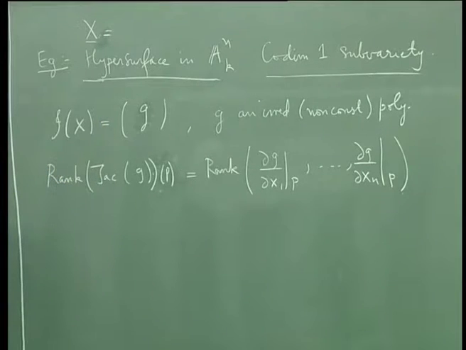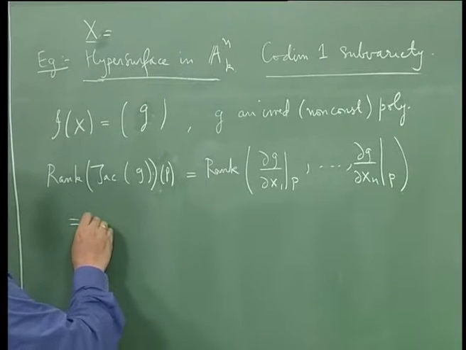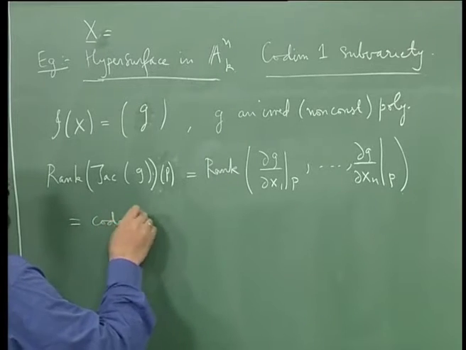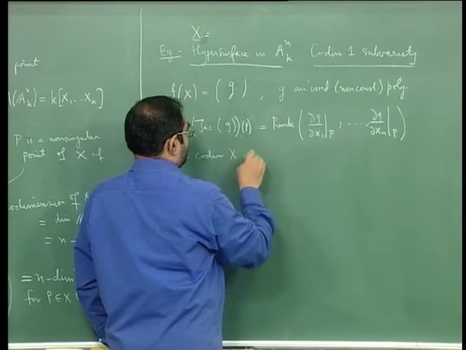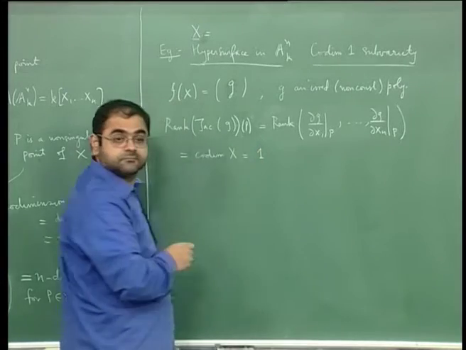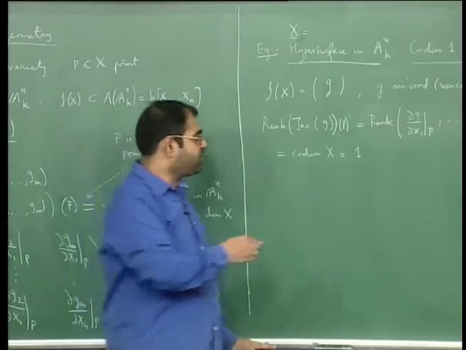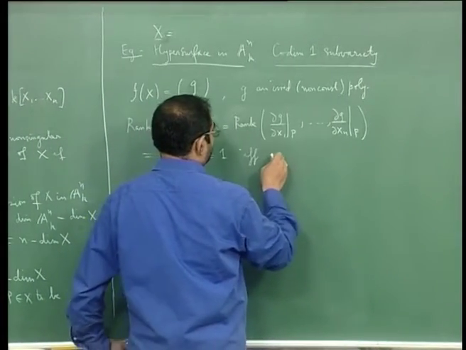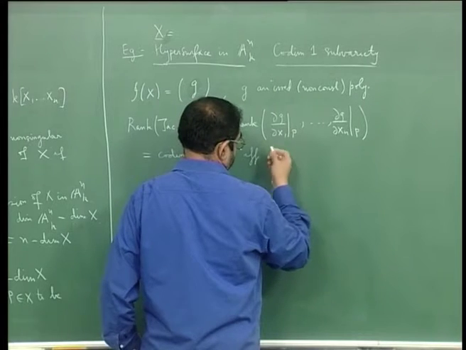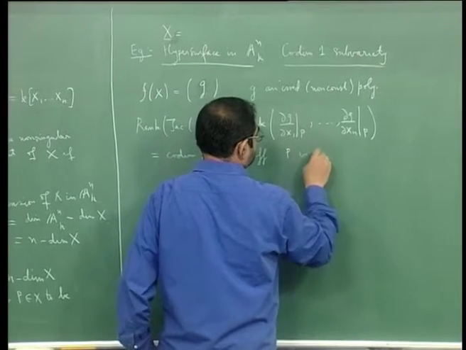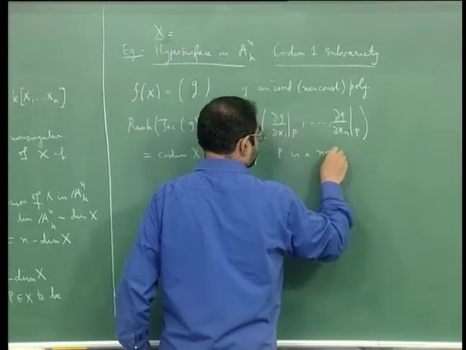So you are just looking at all the first partial derivatives of that polynomial and evaluating them at the point P, and this is equal to the codimension of X. What is the codimension of X? It is 1, because X is a hypersurface. So the rank equals 1 if and only if P is a non-singular point of X.